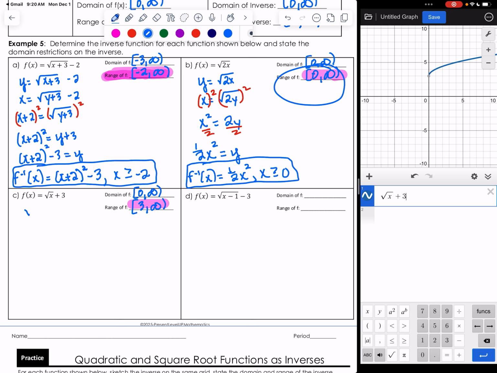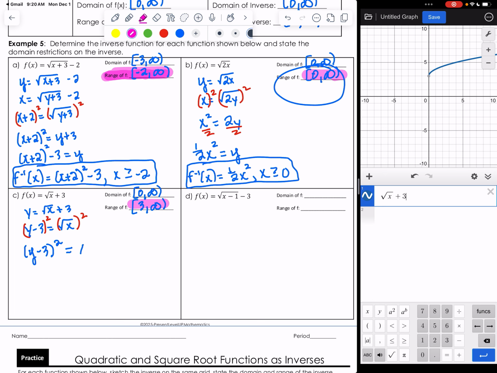So y is equal to square root x plus 3. Start by subtracting 3. So y minus 3 equals square root x. Now square both sides. And we get y minus 3 quantity squared is equal to, oh, what did I do?